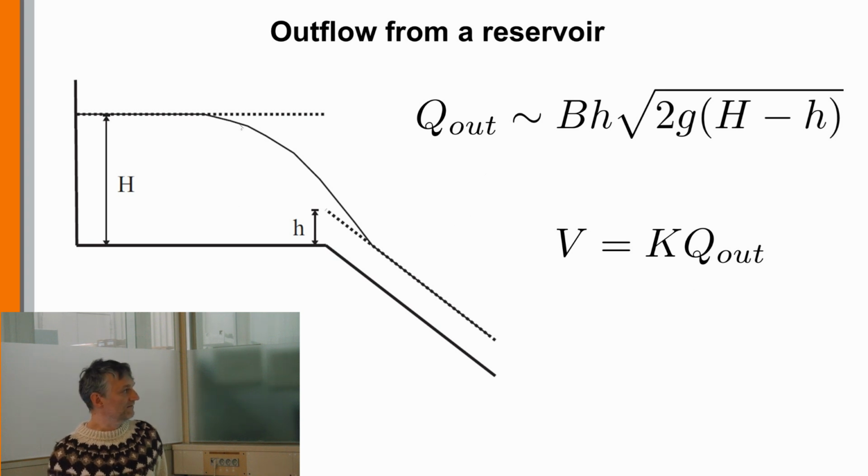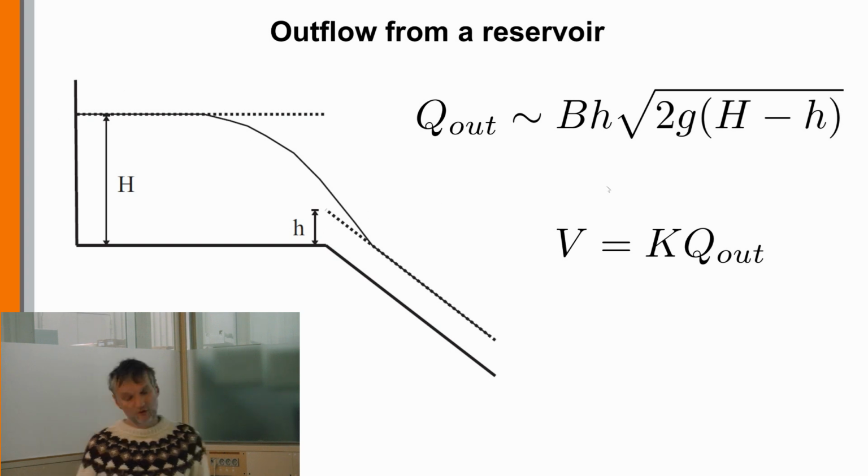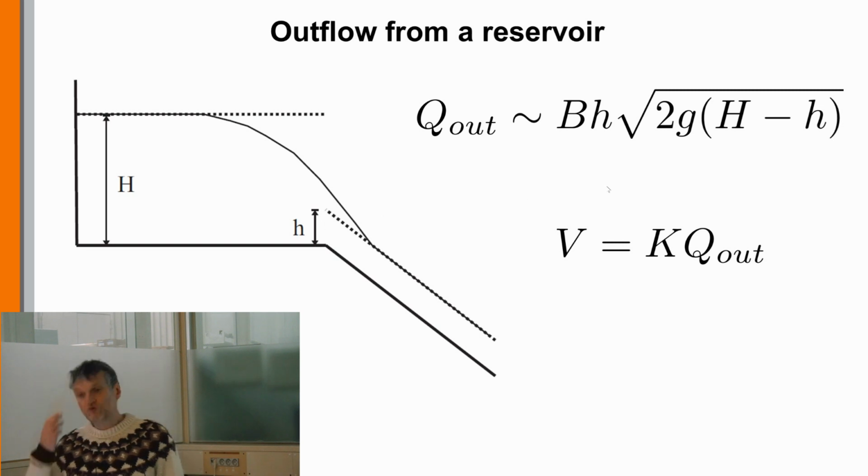When this is a reservoir and this is the outgoing cross section, then according, for example, to Dubois, the outflow can be calculated according to Torricelli: the falling height, the difference between the level in the discharge and the level here, multiplied by the outflowing cross section.